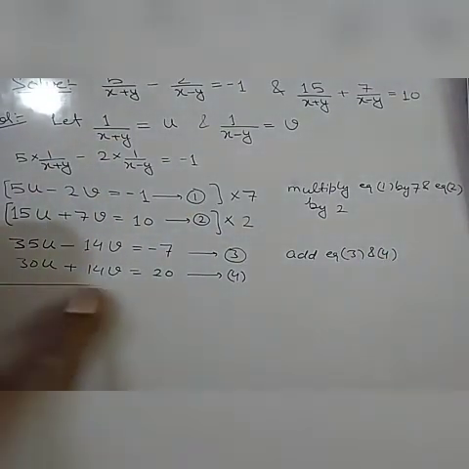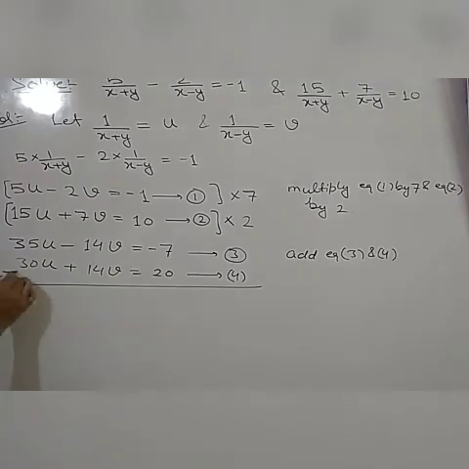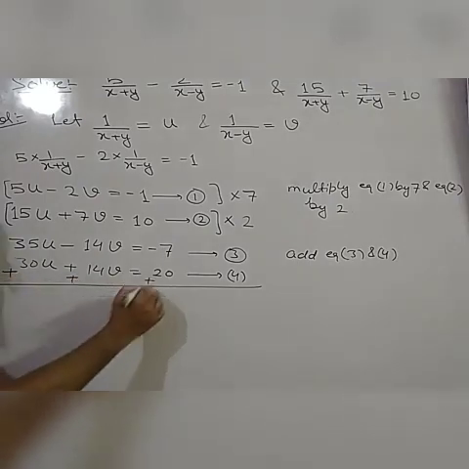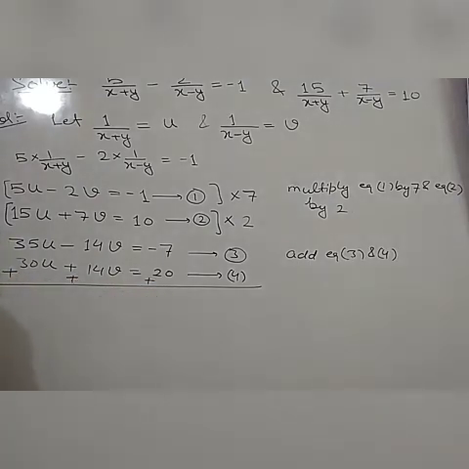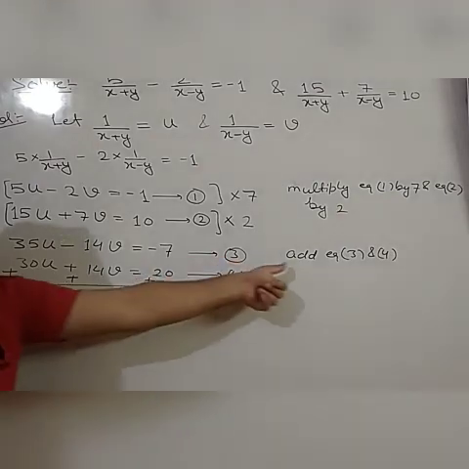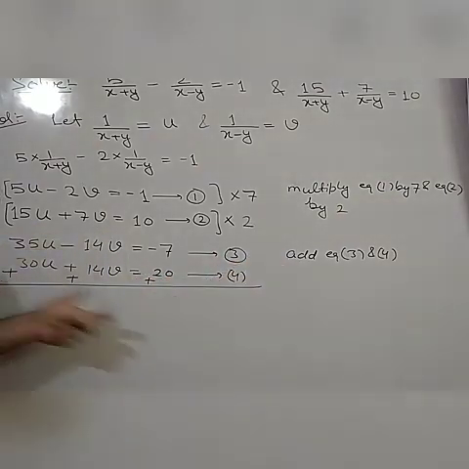By adding, for addition the sign remains the same, plus, plus and plus. For subtraction, the sign changes. If here it is plus, then it will be minus. Here we are doing addition, so the signs will remain the same.